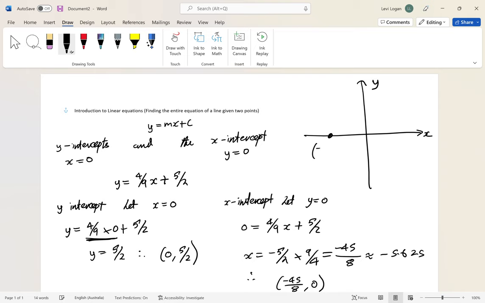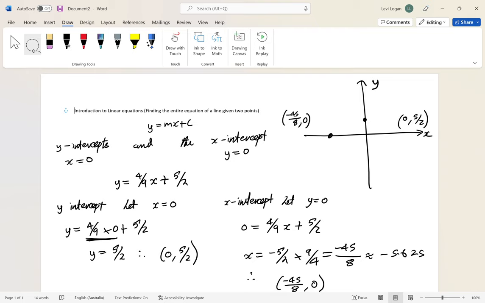So this is (negative 45 over 8, 0). Actually, I'm going to move that up there. And our y-intercept, 5 over 2 is 2.5, so it's going to be roughly here. So we have (0, 5 over 2). I'm going to move that as well, because my line's going to get in the way.